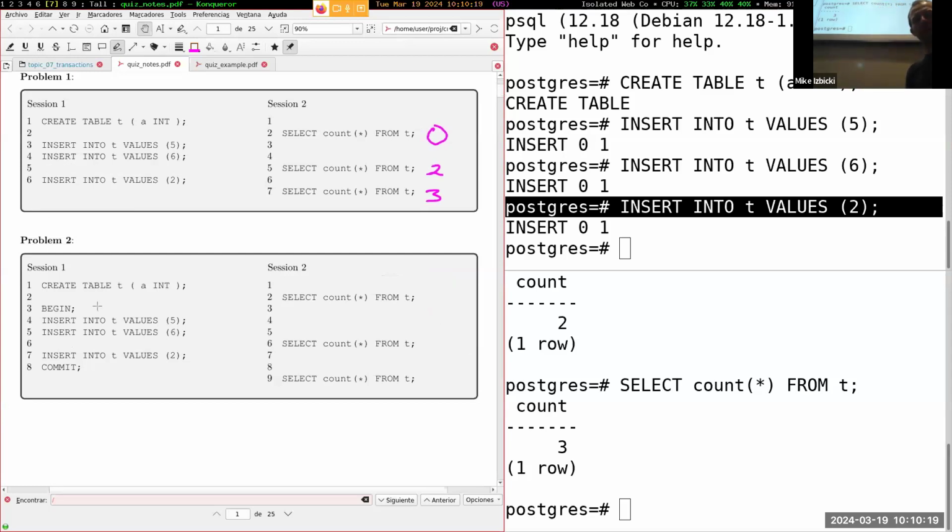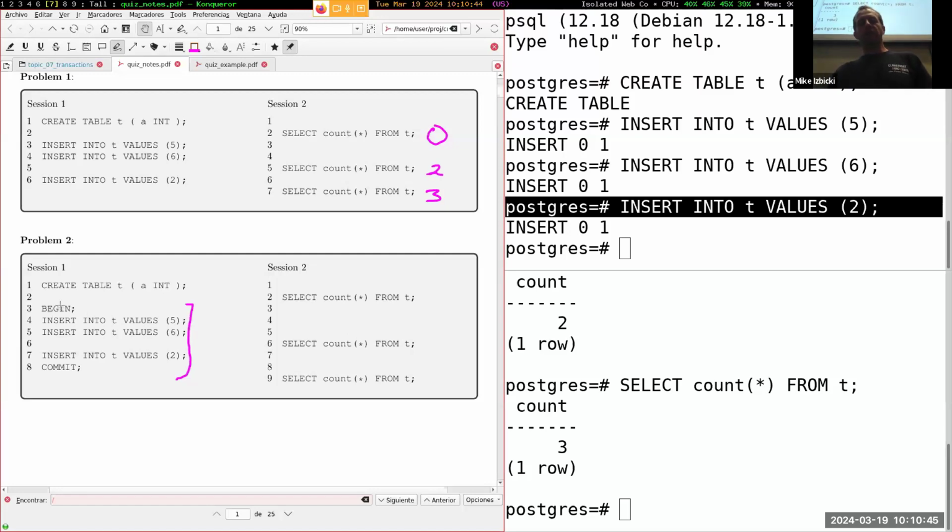The difference between problem 1 and problem 2 is that in problem 2, you can see there is this new keyword here on lines 3 and 8, the begin and the commit keywords. Begin and commit do what's called creating a transaction. And so I'm going to do some annotations right here. You're not required to do these annotations for the quiz, but these are just notes to be helpful right now.